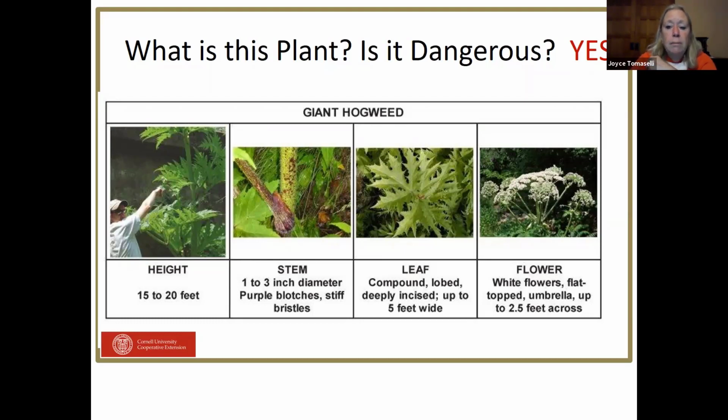You have a real burn because the sun burns because of the sap. And giant hogweed is pretty recognizable. If someone calls me up and says, I've got something that's 15 to 20 feet tall, and it's got these huge flowers, it's like, step far away, call DEC, and they will send out people in hazmat suits, and they will come and remove it because it's really dangerous.